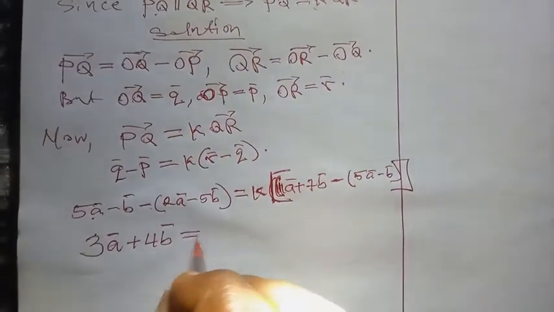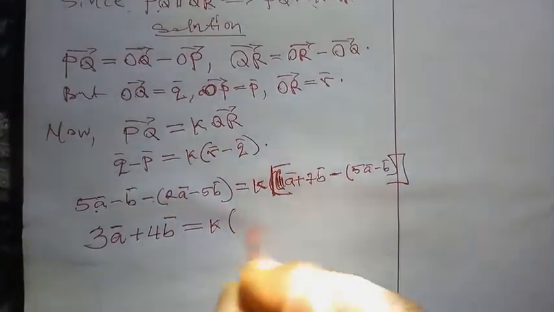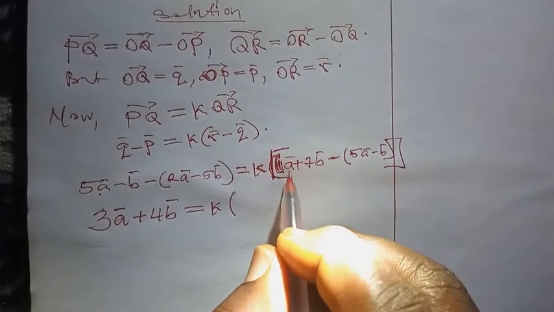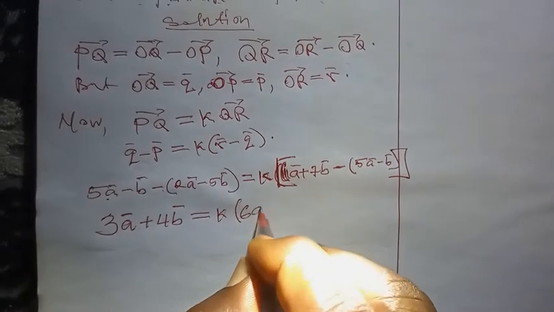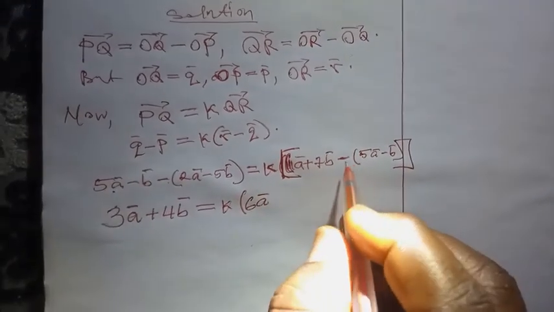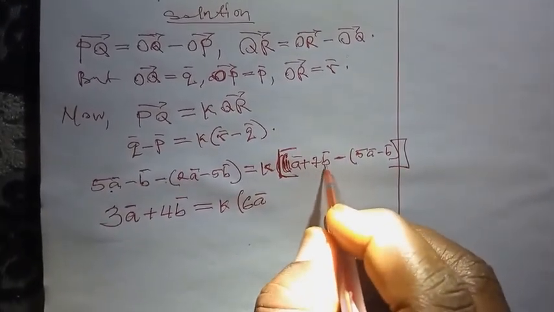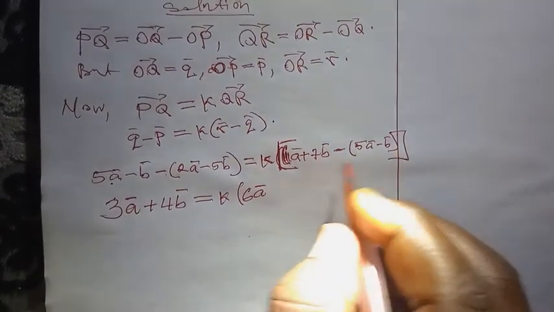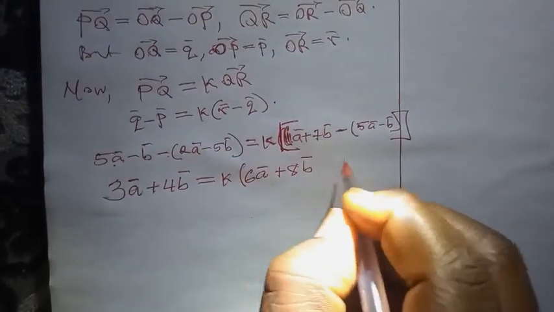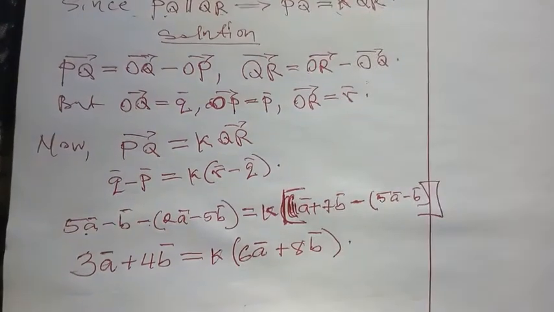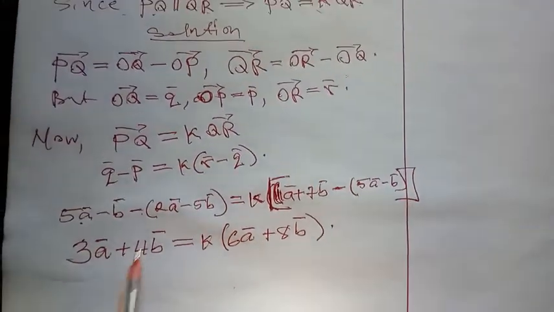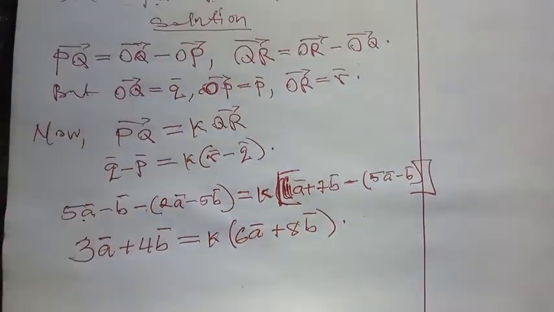So this is equal to K bracket. Now, this is 11 vector A minus 5 vector A, which would be 6 vector A. Then 7 vector B plus vector B, that will be plus 8 vector B. So we can see clearly, all I need to do is to show that one part is a scalar multiple of the other part.